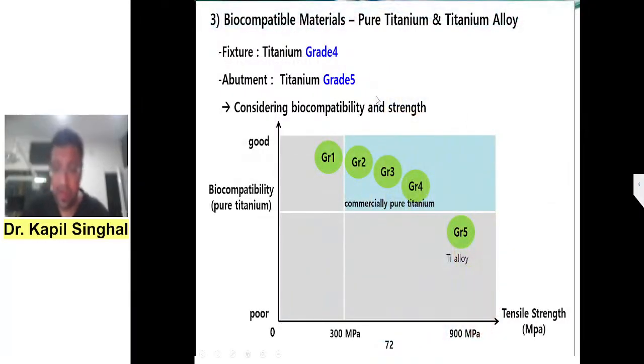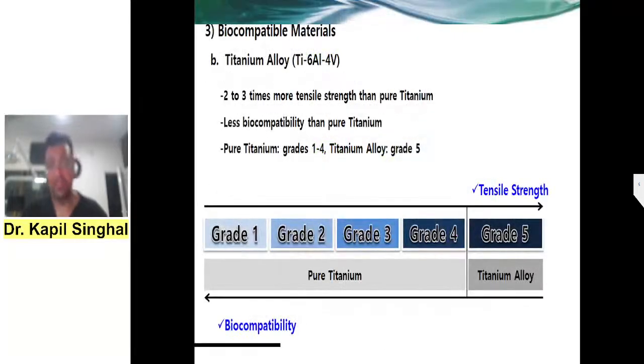Okay, now these implants are made up of titanium. Now you need to understand, titanium has two important things that you have to remember when the implant is being chosen. So your implants are made up of different grades of titanium, grade 1, grade 2, grade 3, grade 4, grade 5.